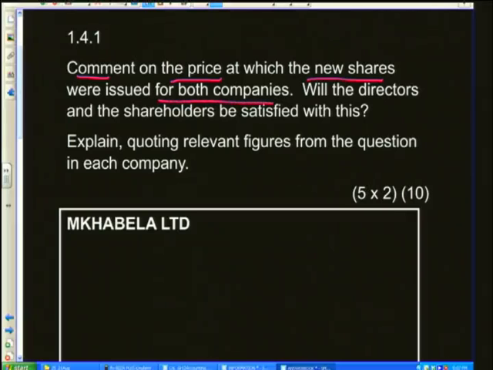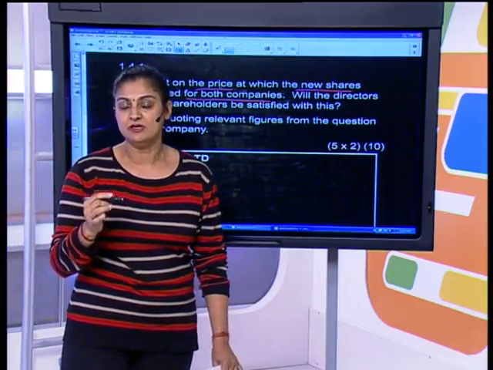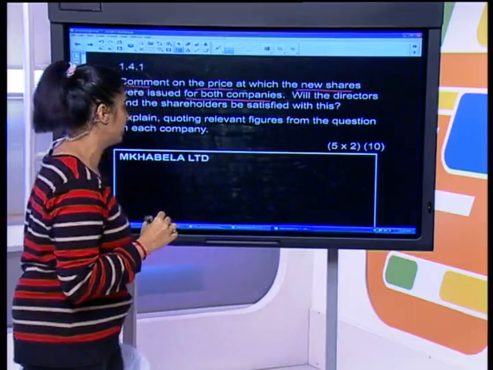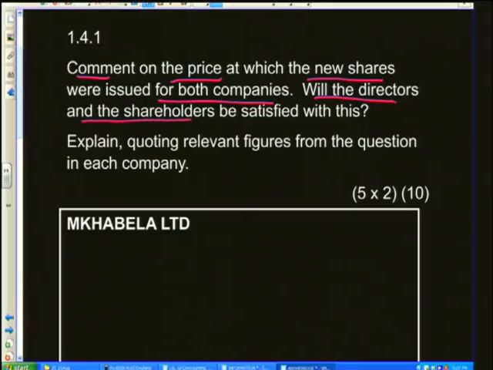Okay, so that was the additional information that I just read out. Both companies issued new shares at the end of the financial year. We are required to comment on the issue price of these shares. Will the directors and the shareholders be satisfied with this? Explain by quoting relevant figures from the question in each company.